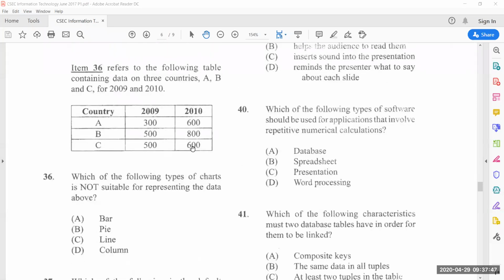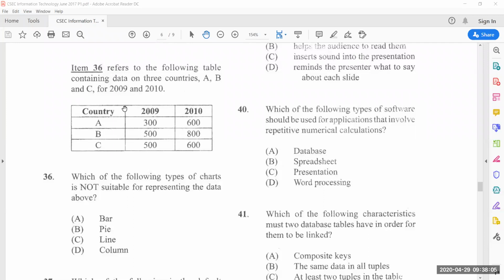All right, let's move on to 36. 36 refers to the following table containing data on 3 countries, that's A, B, and C, for 2009 and 2010.